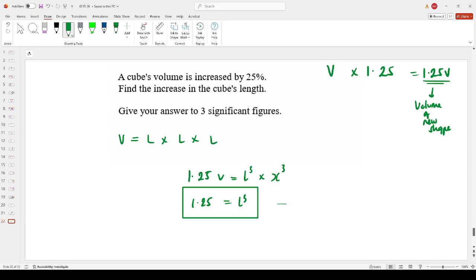Cube root, what do you get? Did you get like 1 point? I think you square rooted it. Guys, what's the cube root of 1.25? 1.07? Anyone? One point two five.